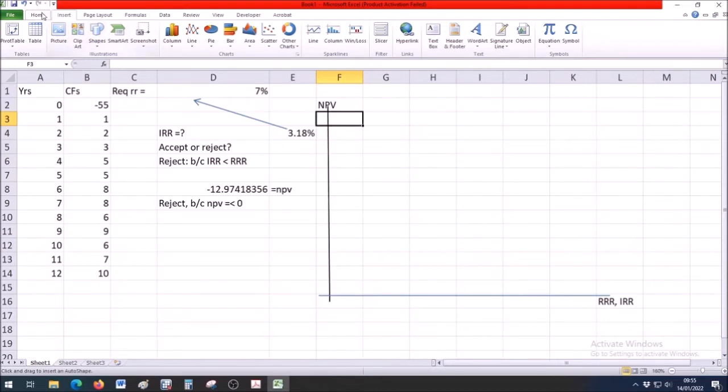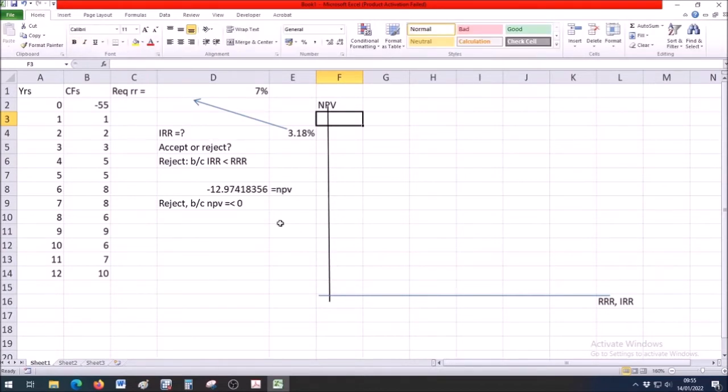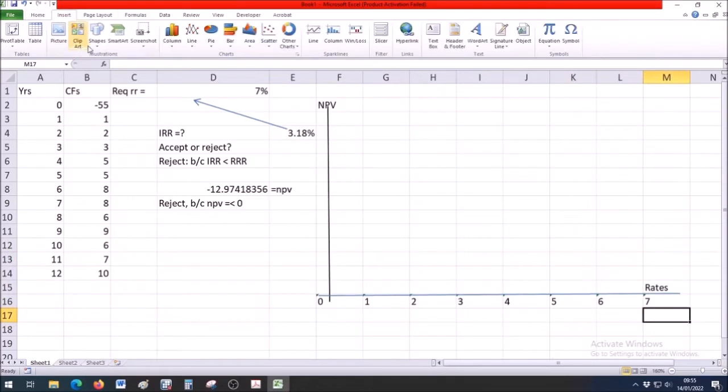Actually, let's put some numbers there so you know where we are. This is 0. That's 7, and this is rates on the x-axis. So when the rate is 7, NPV is actually negative, somewhere around here.